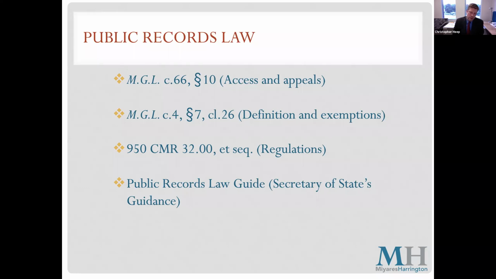That section of the statute deals with filing requests for public records and the town's obligations in terms of a response to those requests. But the law also has a separate part, which appears all the way back in Chapter 4, Section 7 of the general laws, which is where we find the definition of public records and a number of exceptions to the definition of public records. So oftentimes when you're working with this law, you need to refer back to Chapter 4.